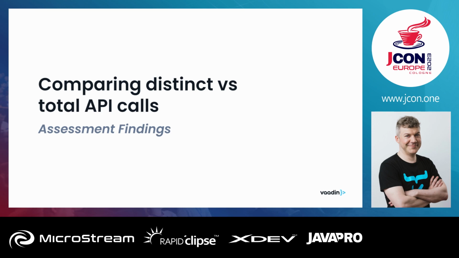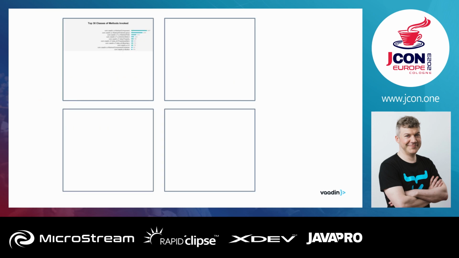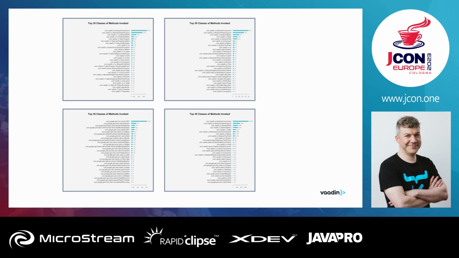So our migration assessments provided lots of very detailed information about the way that the applications are using the APIs, or let's say the libraries, that the customer is trying to move away from.